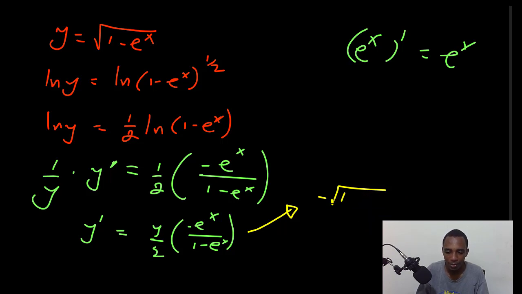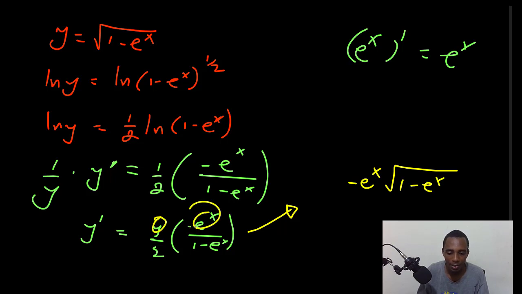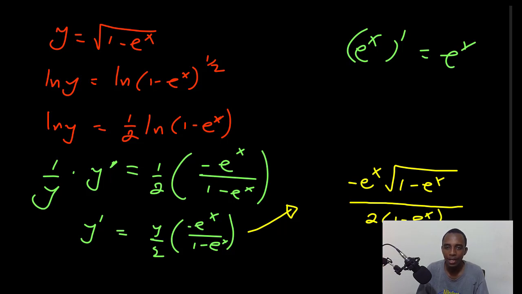Let me write this in a much simpler way. That's going to be negative e to the x times the square root of 1 minus e to the x, all divided by 2 times 1 minus e to the x.